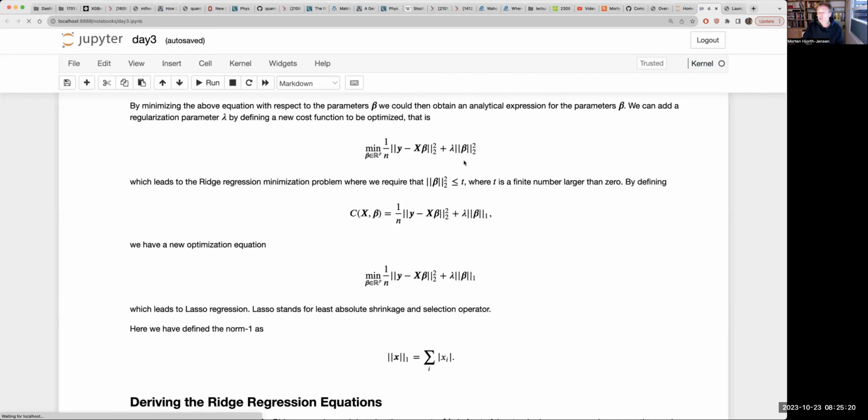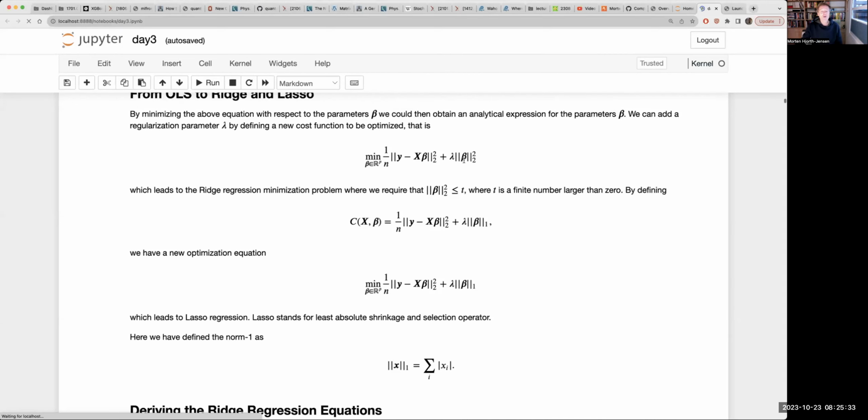Now, these methods can, all of them, be used with a mean squared error in order to gauge the quality of the results. So we are not limited by having a cost function given by the mean squared error, which leads to ordinary least squares, but we can optimize a different function which now contains this parameter lambda.